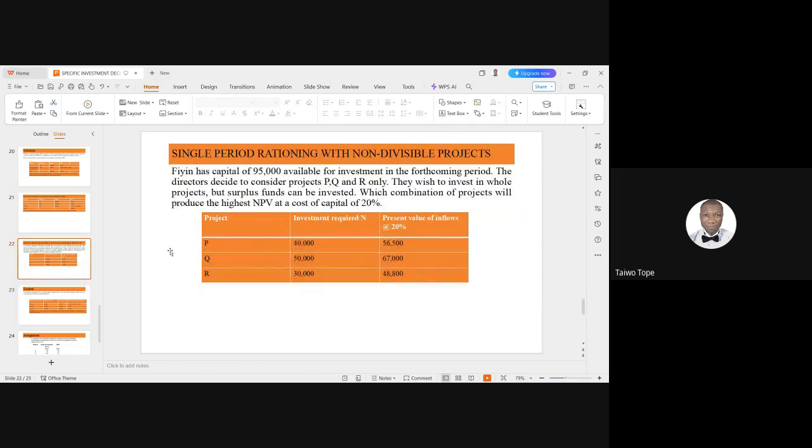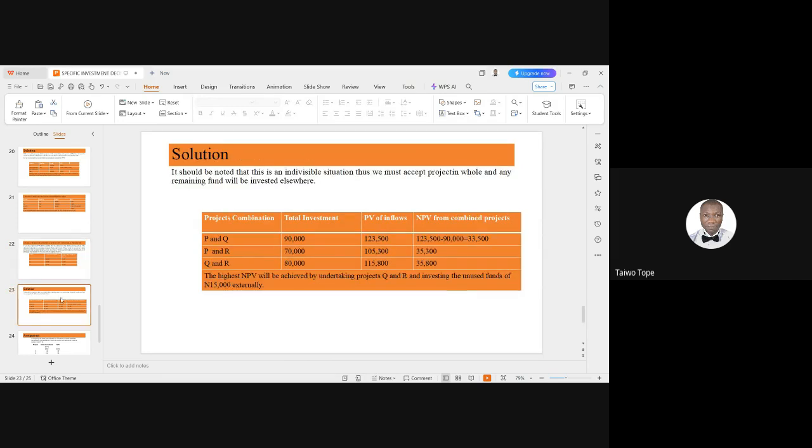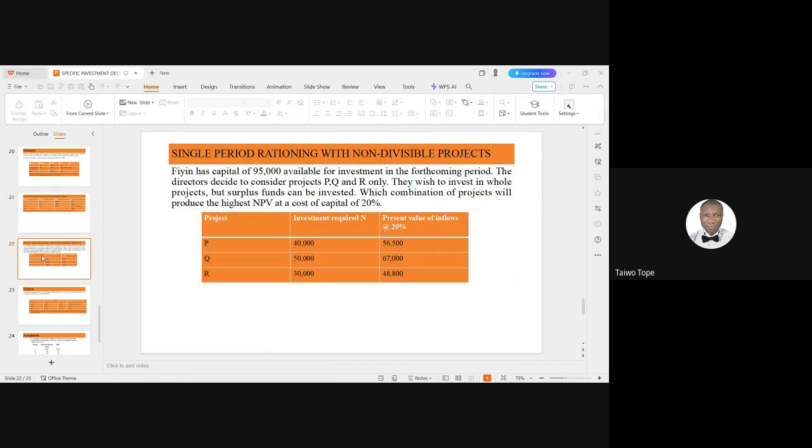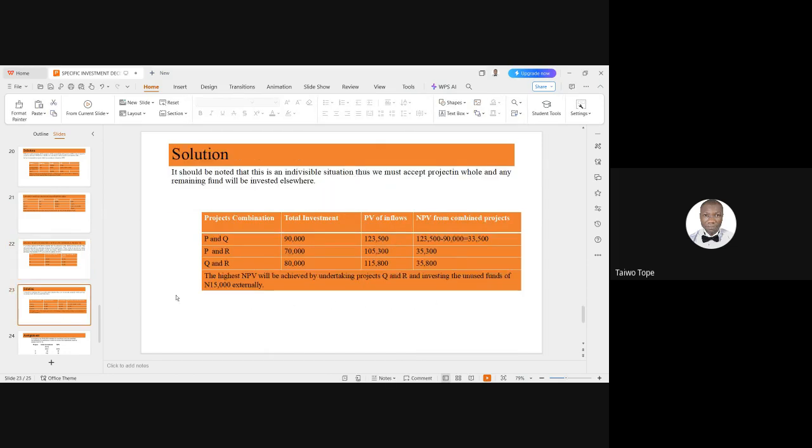For Q and R, you have 80. So the present value of the inflows, when you add them together likewise, for P and Q you have 123,500.